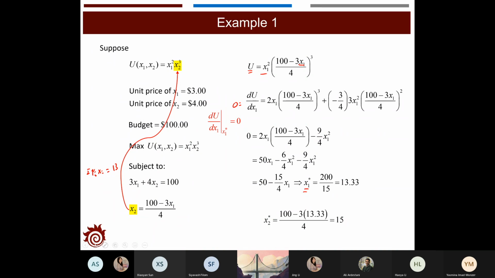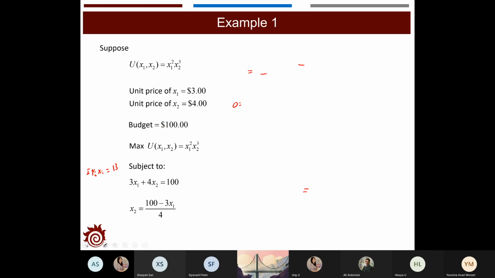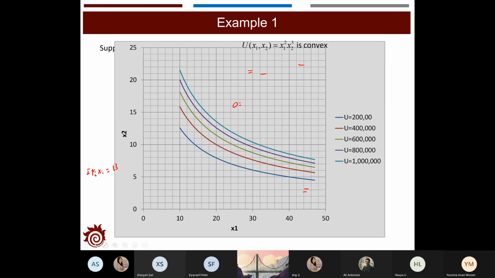And of course, you can do it the other way, with the iso-utility curves. Once you have the budget constraint, you can draw a straight line, and then gradually reduce the utility values. This is just one example.